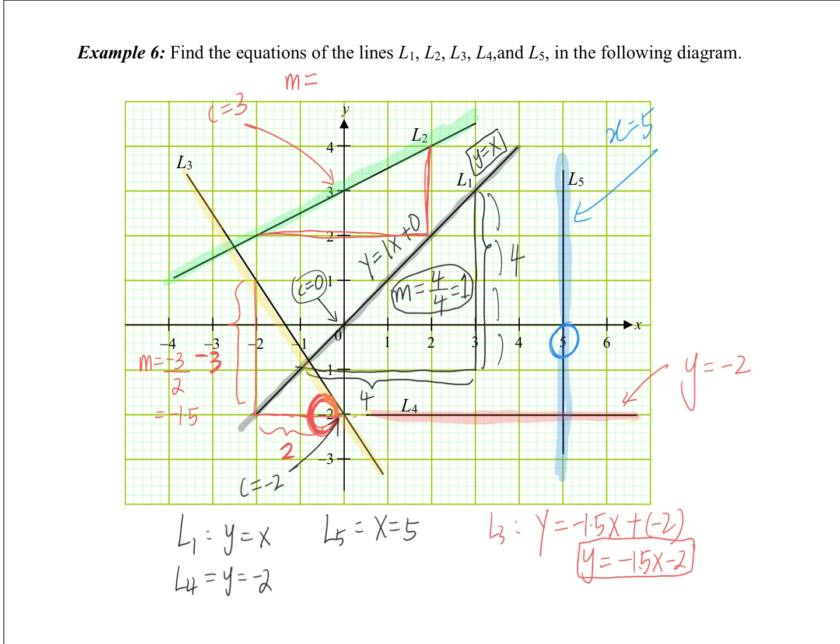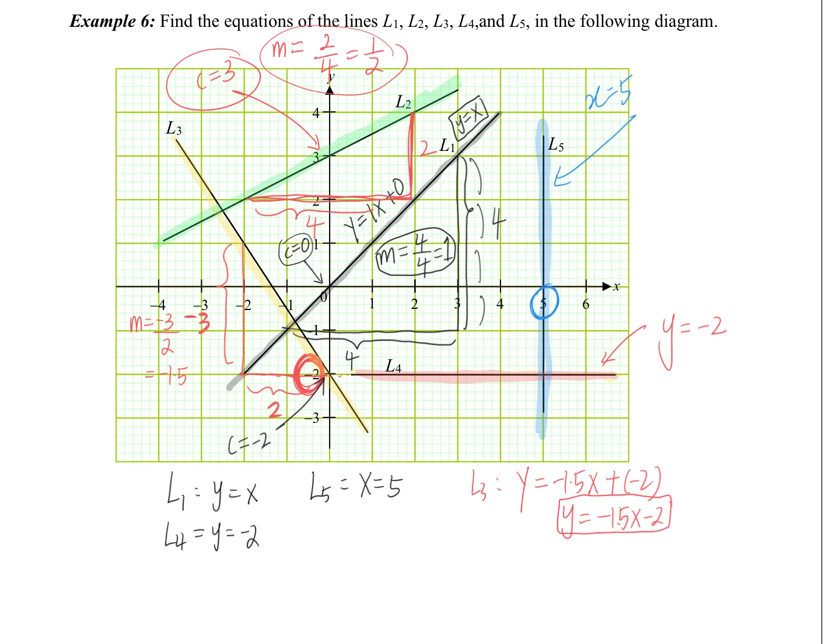How many units has it risen up? 2. How many units has it run? 4. So the gradient is rise over run, which is a half. So with the gradient and the y-intercept, the equation is y equals mx plus c. So this is the equation.